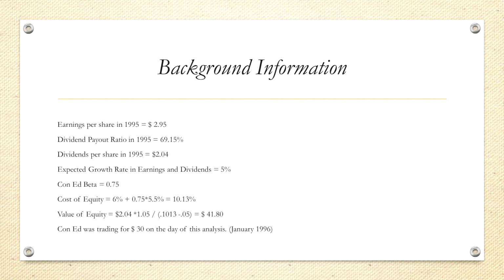Now let's take a look at the basic information of the company. EPS is $2.95, dividend payout ratio is 70%, and dividend per share is about $2. Expected growth is assumed at 5%, and given beta 0.75, we can estimate the cost of equity back in 1996, which is about 10.13%.